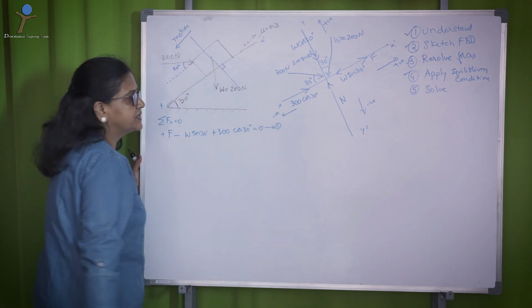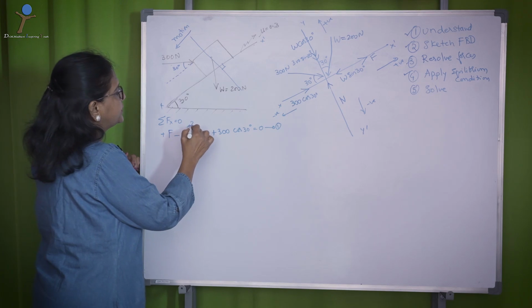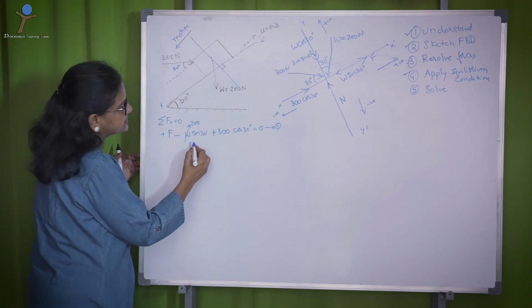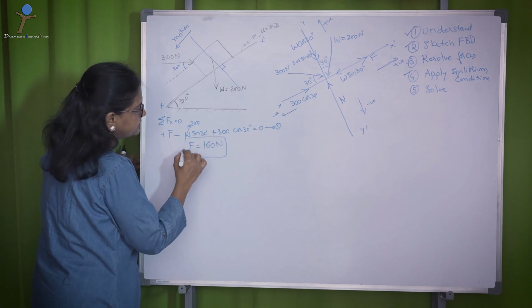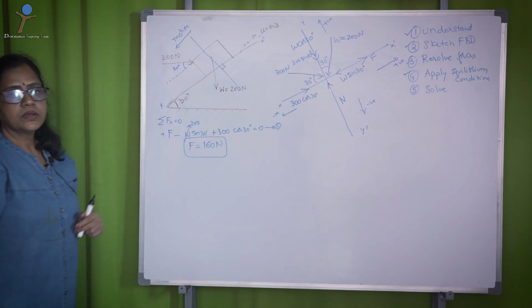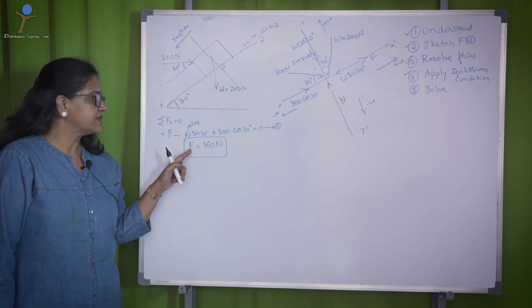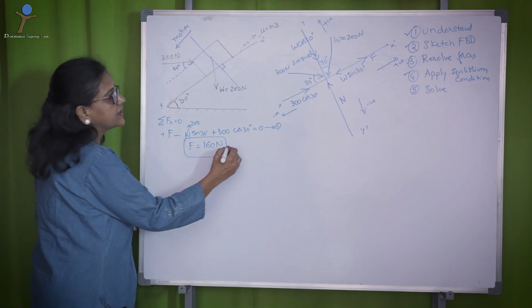Let me call it equation 1. Since I know W as 200 Newton, substitute that value, get F as around 160 Newtons. So, for the balance to exist, the frictional resistance required here is 160 Newton.